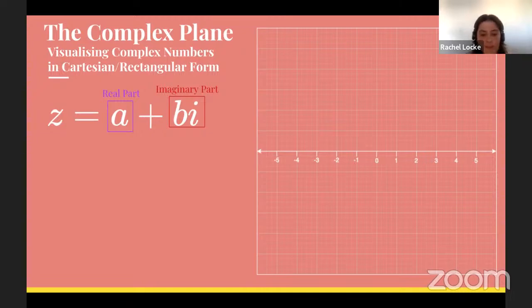Now we'll place an imaginary number line perpendicular to our real axis. This will be our y-axis, and we'll refer to it as our imaginary axis. This type of diagram is called the complex plane, or sometimes referred to as an Argand diagram. As we previously introduced, a complex number is a combination of a real and an imaginary number and can be visualized on the complex plane as a point.